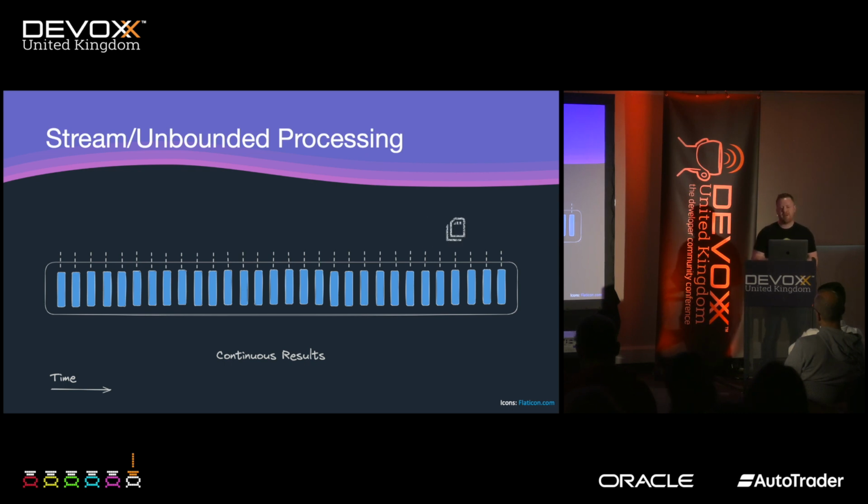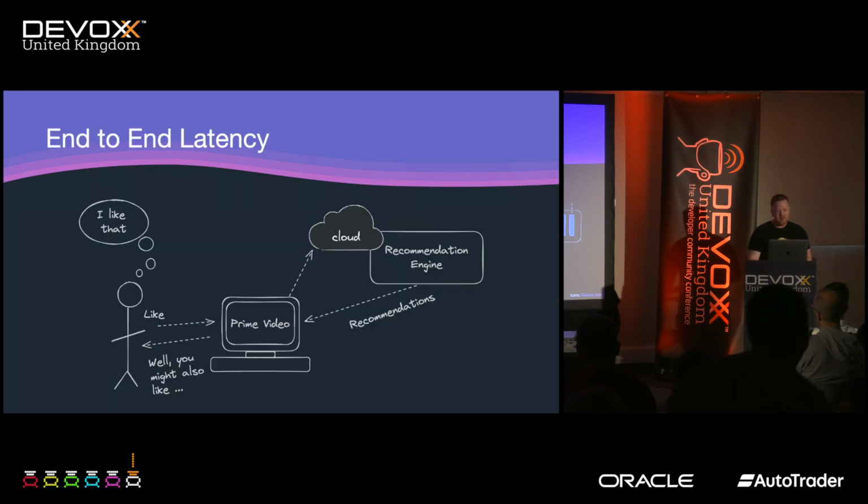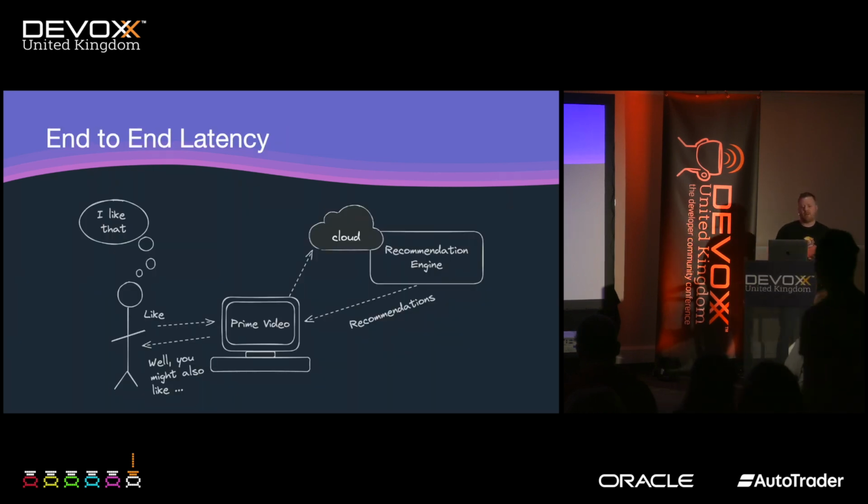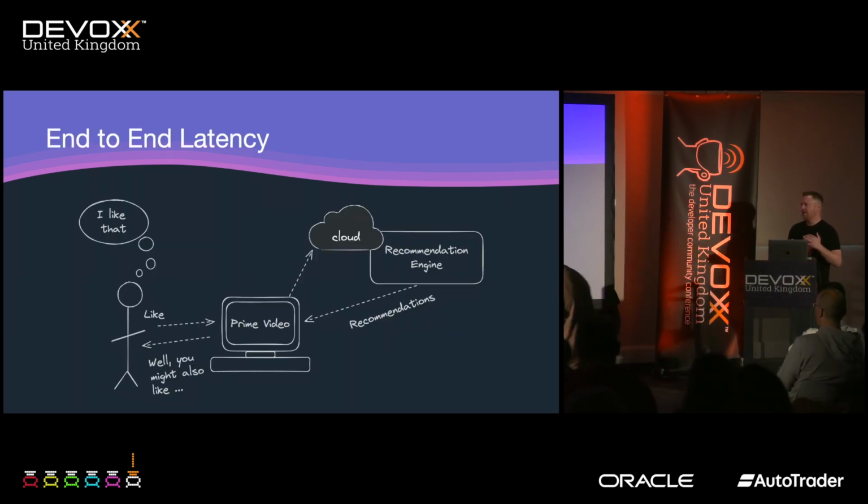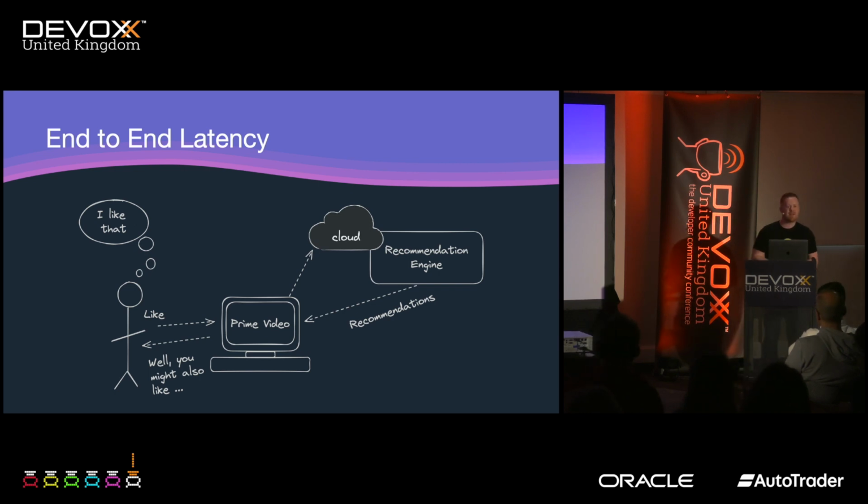There's going to be a theme around latency here, because it's one of the selling points of stream processing. So I'm going to give you an example of what end-to-end latency is. I'm sure we all watch video streaming services such as Prime Video or Netflix. In this scenario, someone is watching Prime, and they may have watched a program and they click, yes, I like that. When they click like, that gets sent to the cloud.